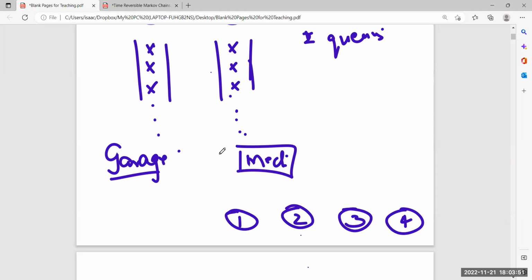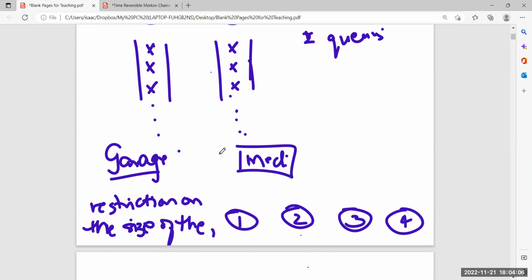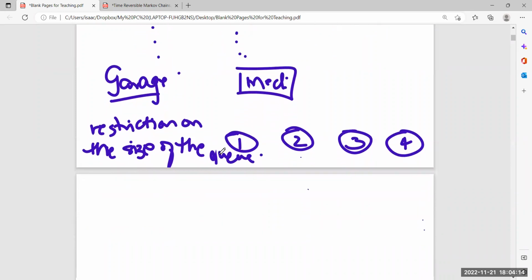So now we put a restriction on the size of the queue. There are tons of other examples that you could think about in the real world that fall into various forms.